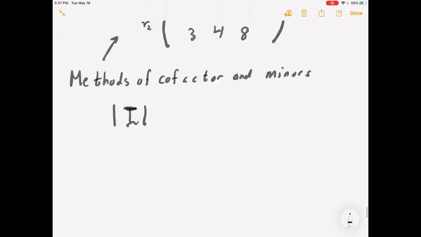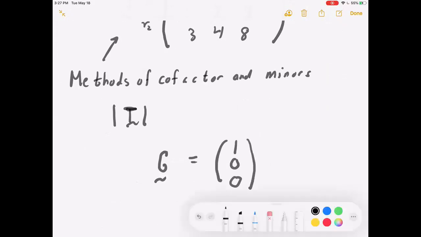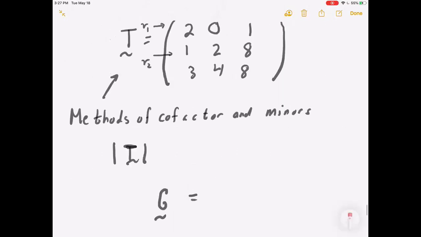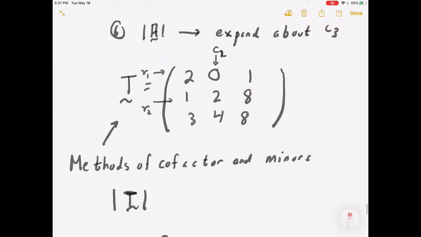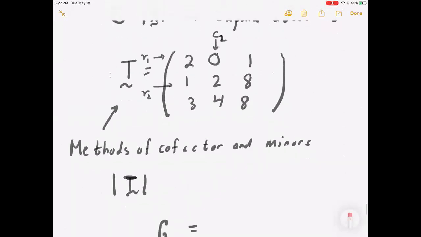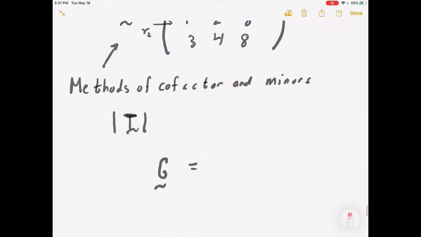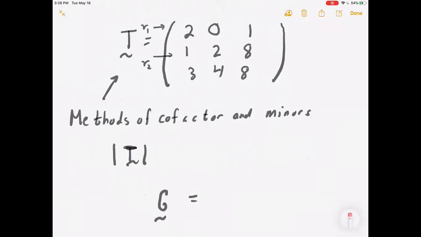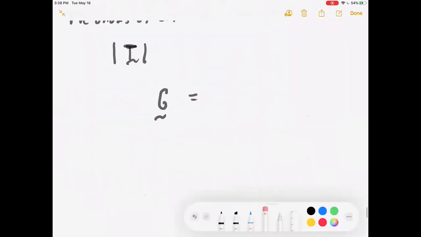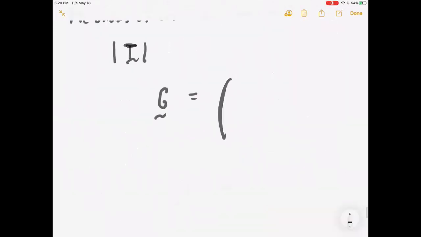Similarly, suppose you have the matrix G. And so suppose the matrix G looked like this. Again, this is a matrix. So let's say G looks like, I don't know, I'm just pulling a matrix out of my head.